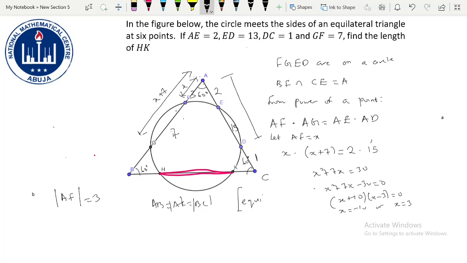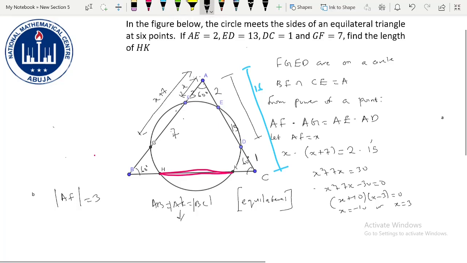Equilateral. And we know AC is like 2 plus 3 plus this thing plus 1, which is like 16. So I just plug in here. I know that AB is already this. AB consists of 3 segments: 1, 2, and 3.